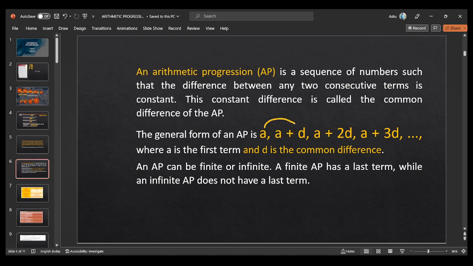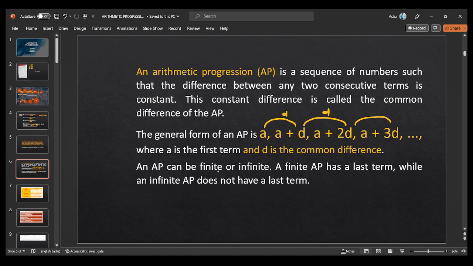Between two numbers there is a difference which is common. If we subtract the previous term from the next term, that is, next minus before, we get the common difference d.